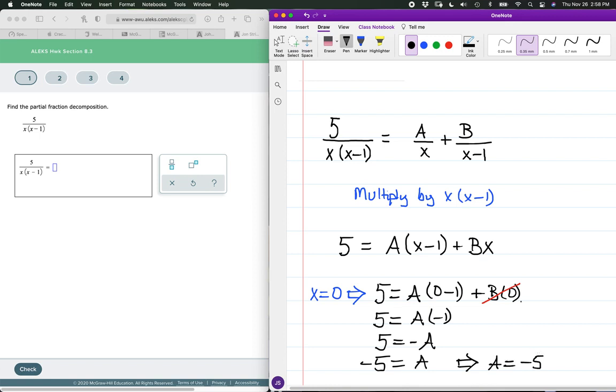Now, in looking at the case of B, I negated B upon setting x to 0, but now I'm going to negate A as I set x equal to 1.